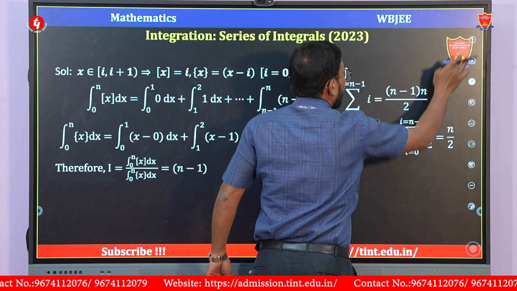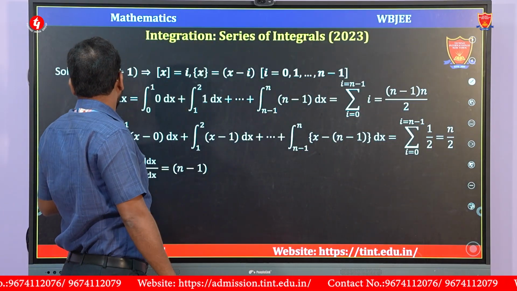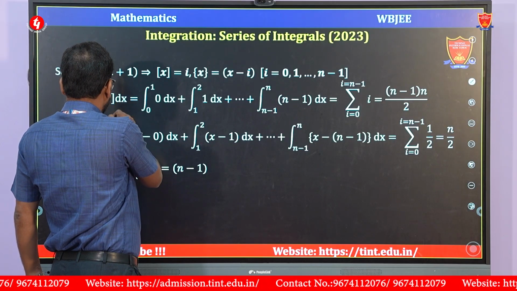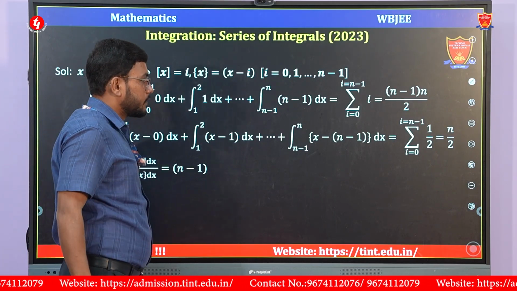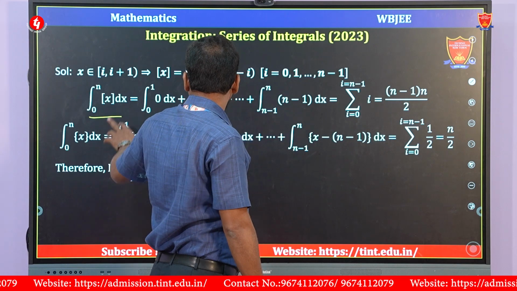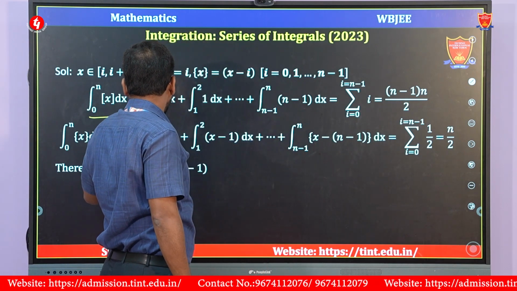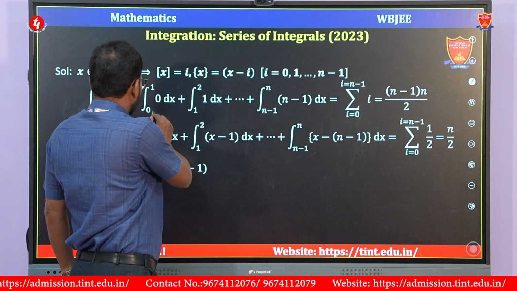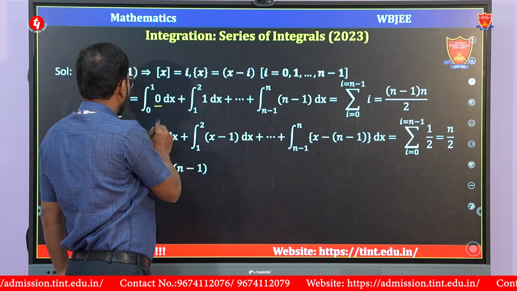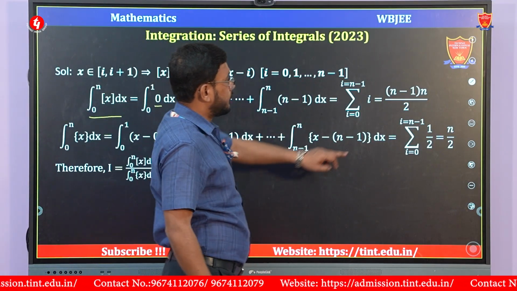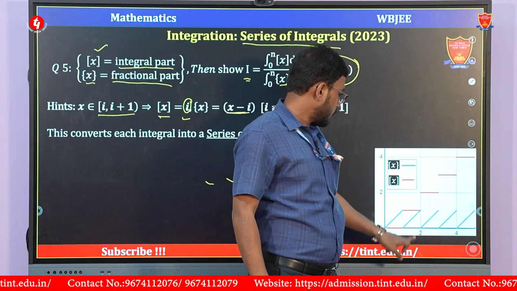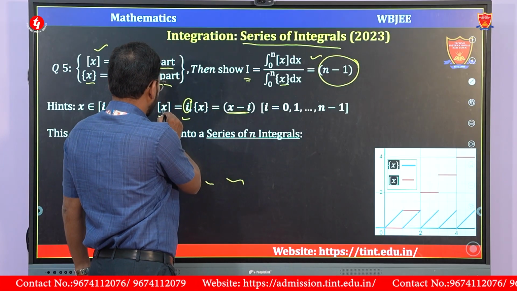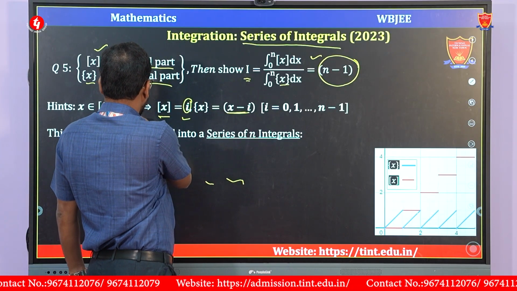Now, how to find the integral? The integral from 0 to n of box x dx is basically the sum of integrals up to n. As per the previous, from 0 to 1, box x is 0, as per the definition x is I when x is between I and I plus 1.